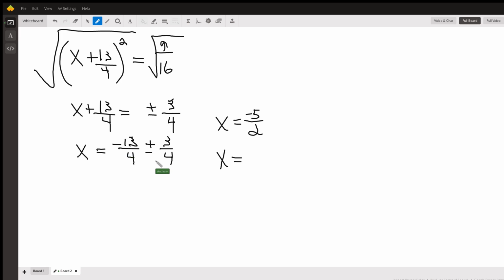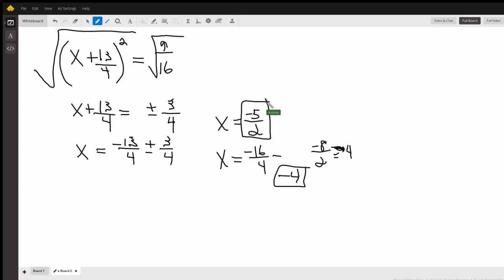Negative 13 minus 3 is negative 16 over 4, which would break down to negative 8 over 2, which is negative 4. All right, so that would end up being my answer here, negative 4. So those are the two solutions I came up with.